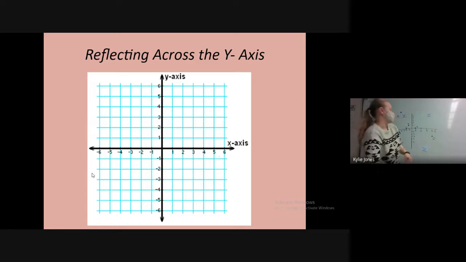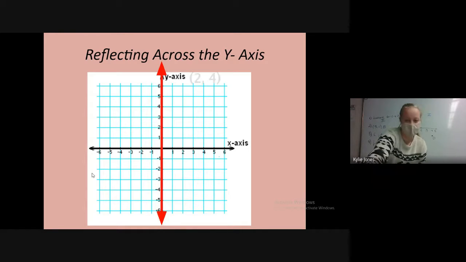Keep in mind that the X axis is your horizontal one, side to side, and your Y axis is the up and down one, your vertical axis. In order to reflect something over the Y axis, you change the X coordinate.